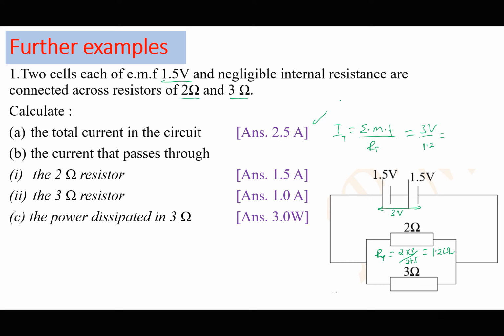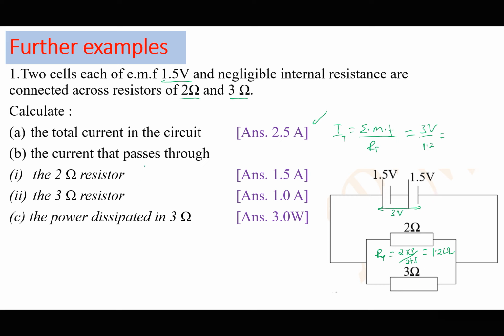You can verify. Then the current that passes through the 2 ohm resistor. Because these are in parallel and there is no internal resistance for the battery, the PD across each of them is still 3 volts.